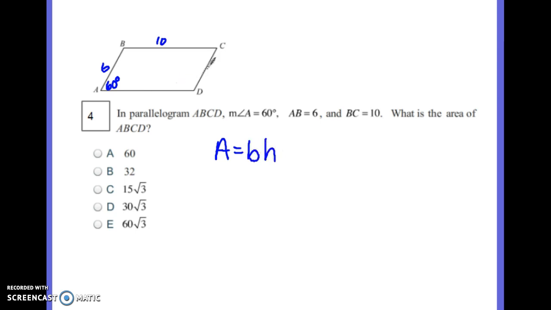And remember, with a parallelogram, opposite sides are both parallel and congruent. So the base of the parallelogram is equal to 10. The height would be the perpendicular distance between the top and bottom, or between the two bases.